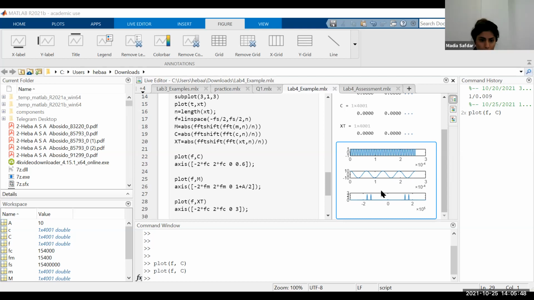Actually, this is not plotting your frequency spectrum. I don't know why, for some reason. So let me fix your problem. I can't control your screen.